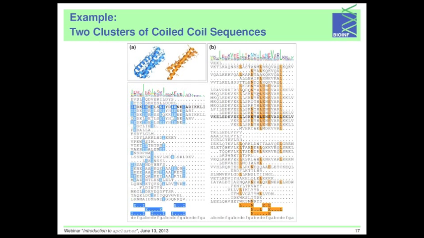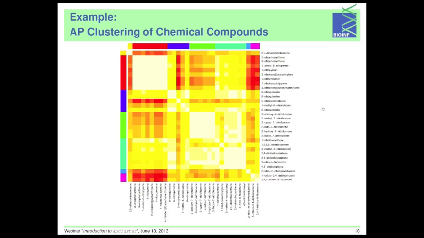And if you look at the patterns that are most indicative for this type of sequence and this type of sequence, this is really a very good exemplar, because it has all the patterns inside that are indicative for this cluster.